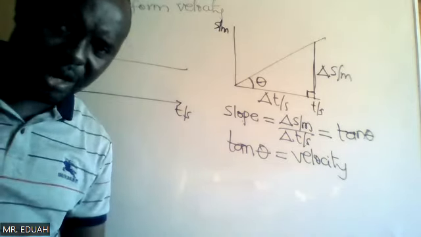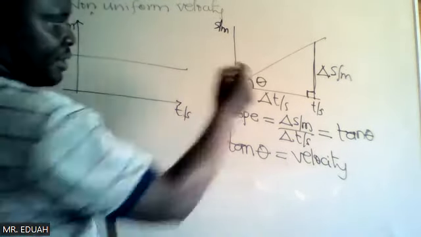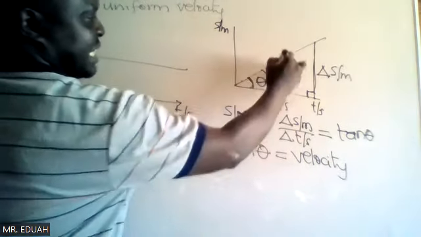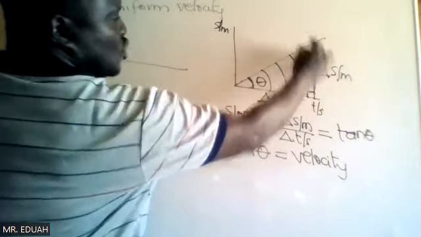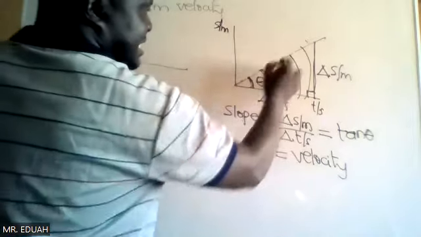Please watch this carefully. If you have a slope and this angle is the same from the start, the slope is constant, so the angle is constant.